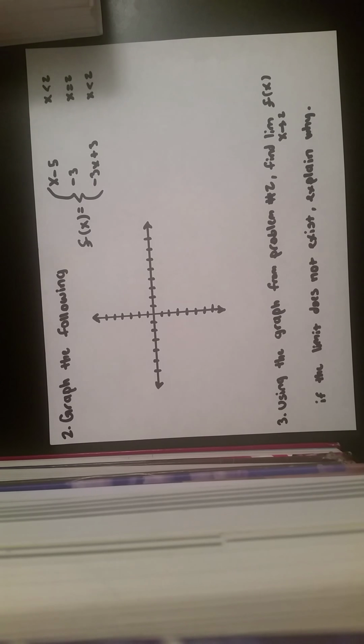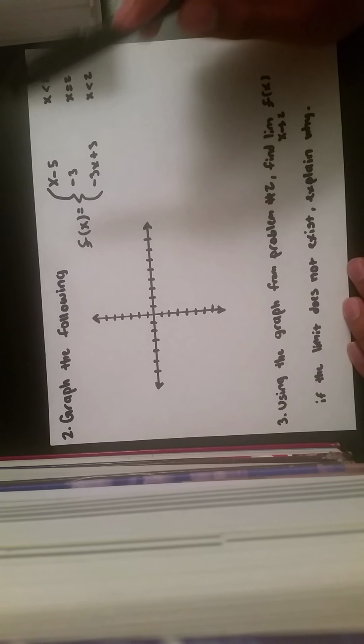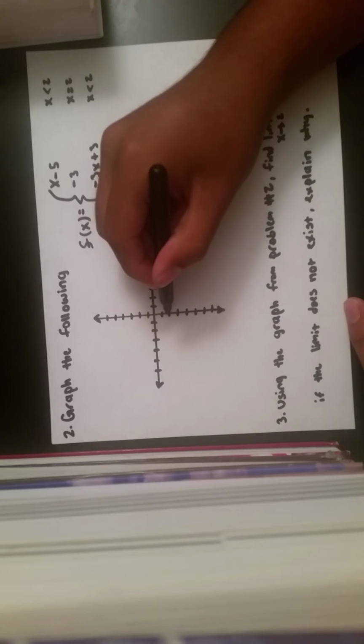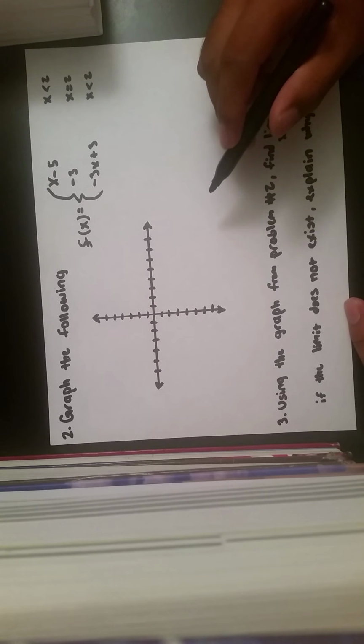Moving on, we have number 2. And as you can see, I included both 2 and 3. It says graph the following. So f of x for x minus 5. We're going to go down to 1, 2, 3, 4, 5.